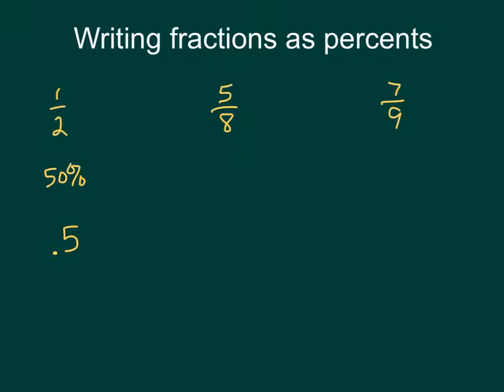So to get that to a percent, I'm going to times it by 100, because remember, percent means per 100. That means I move the decimal 2 places to the right. So I've got to have my placeholder in there, and so I now get 50%.